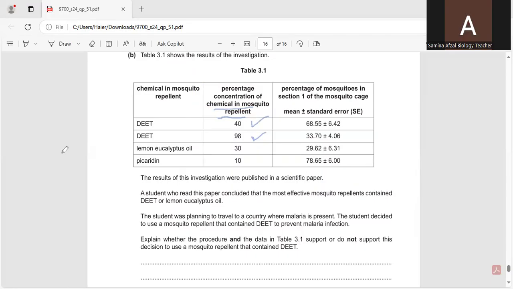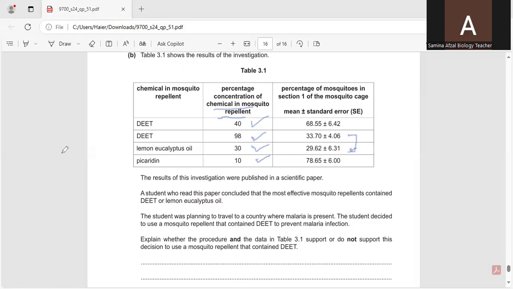Lemon eucalyptus oil chemical was used at only 30%, and its mean standard error is 29.62, which is nearly equal to the DEET containing 98% chemical. Picaridin has only 10% chemical, so its mean standard error is 78.65%. So in this way, the difference is there.